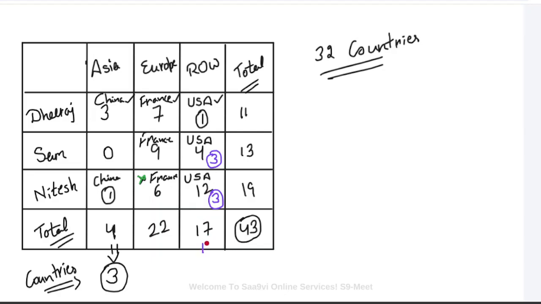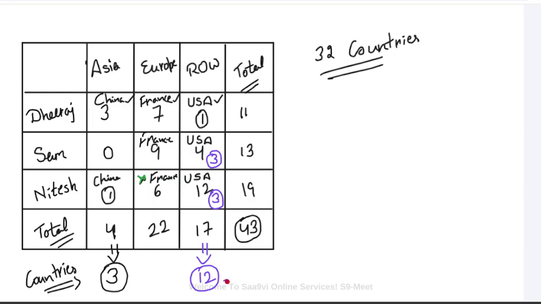Now that makes the unique countries total. One is USA, which is common here. That means I can take 4 from here, and the 4 are matching. That means out of 12, 4 are going to have a common visitor. The rest should be 8. So there are in total 12 countries which are unique.